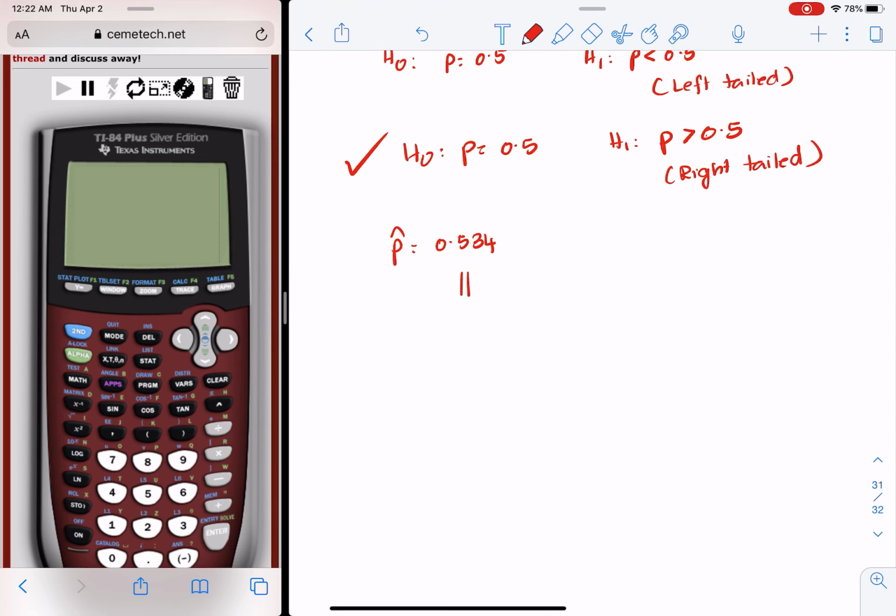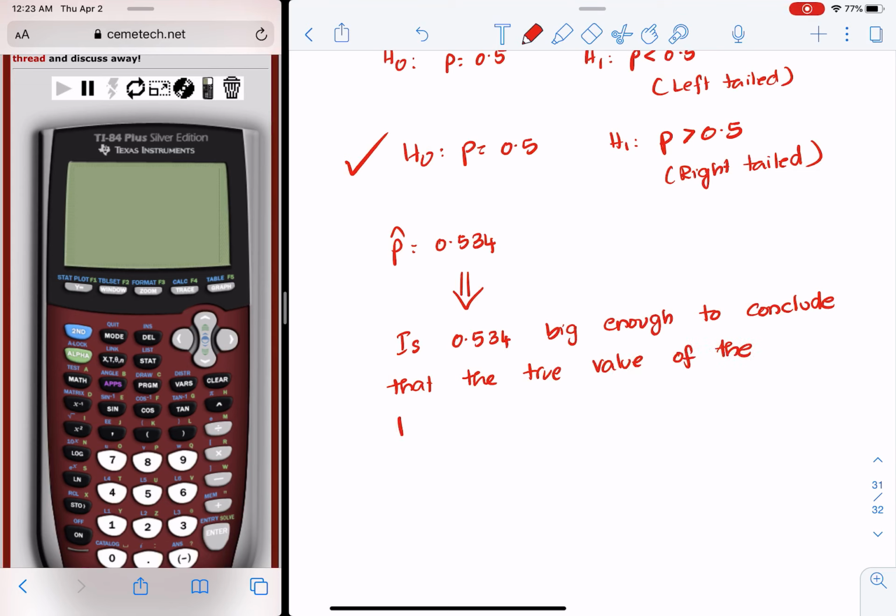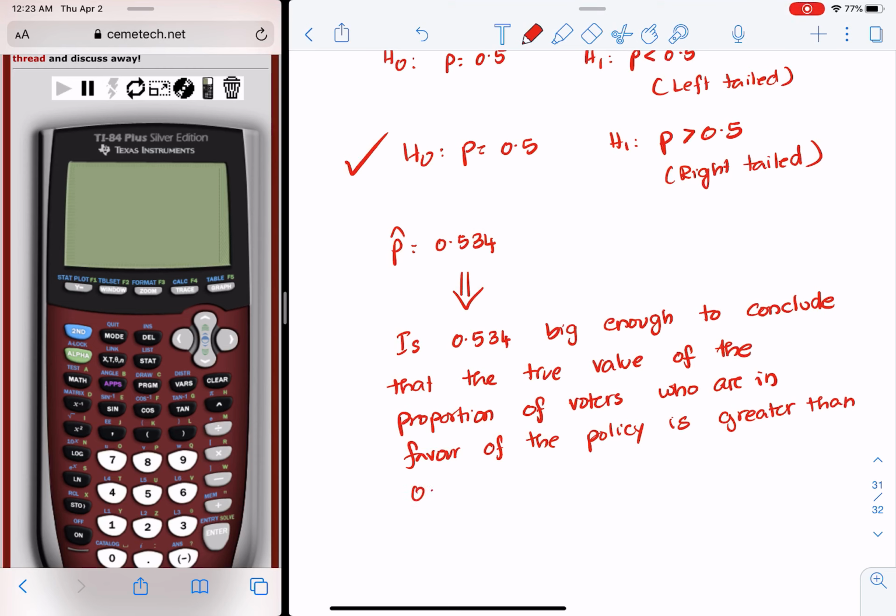The way we translate that is, is 0.534 big enough to conclude that the true value of the proportion is greater than 0.5?